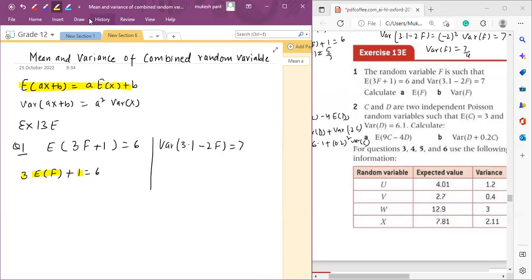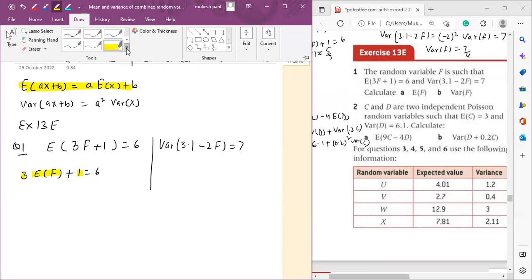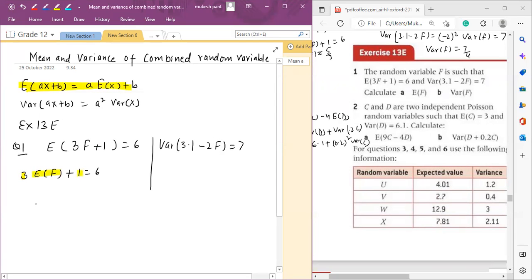So we can solve this equation: 3 times E of F equals 6 minus 4. So E of F equals 5 over 3. We have got the expected value of random variable F equals 5 over 3.